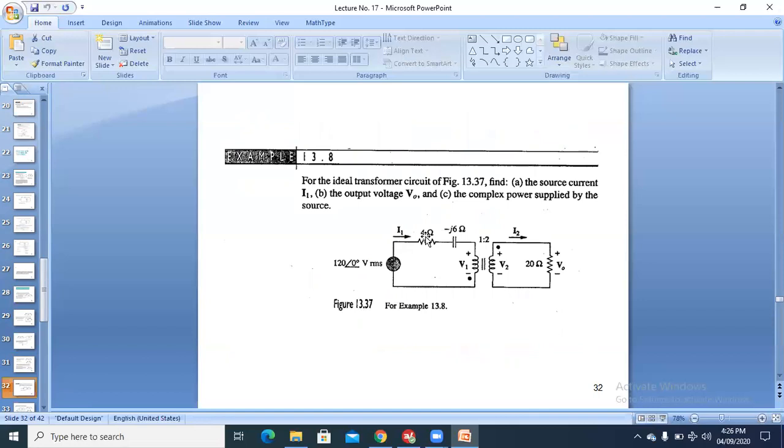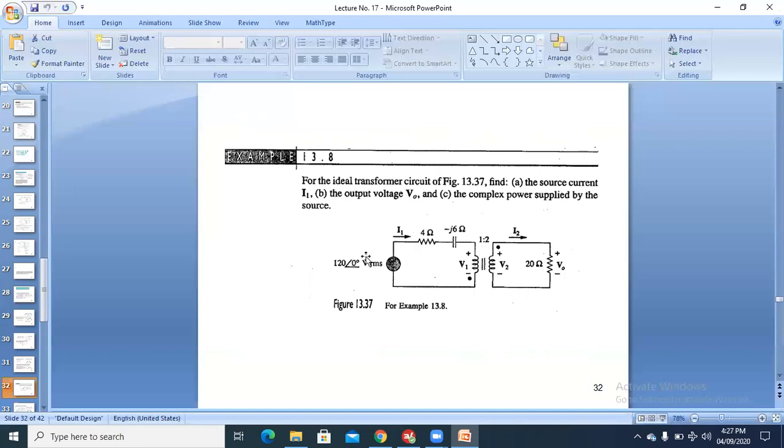Now this is the example of the ideal transformer. We have the source current I1 and the output voltage Vout. We need to determine the value of I1 and Vout and the complex power supplied by this source.